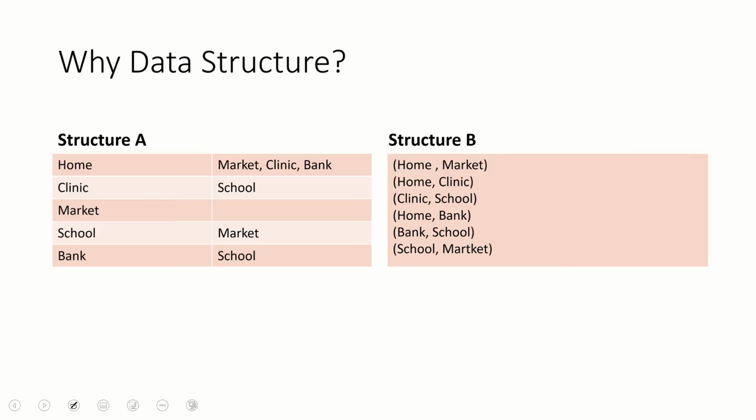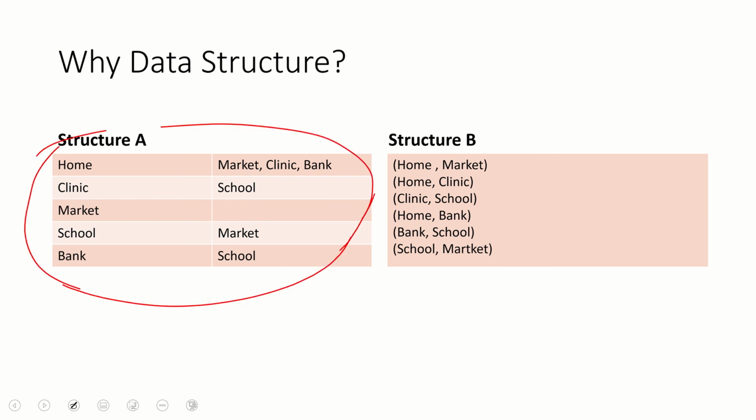Okay, compare these 2 data structures. You can tell, based on different operations, that structure A is very good, very fit for operations like looking for the routes, looking for how many places you can go from home, right?